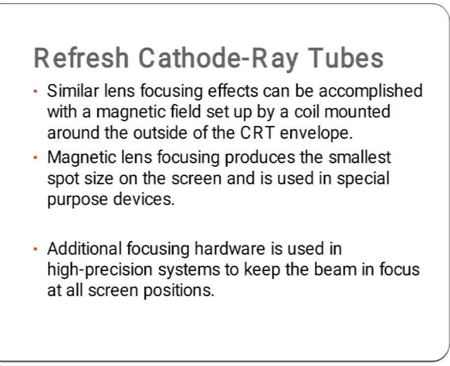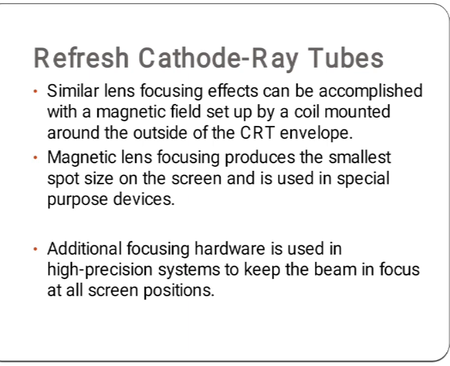Similar lens focusing effects can be accomplished with a magnetic field set up by a coil mounted around the outside of the CRT envelope. Magnetic lens focusing produces the smallest spot size on the screen and is used in special purpose devices.